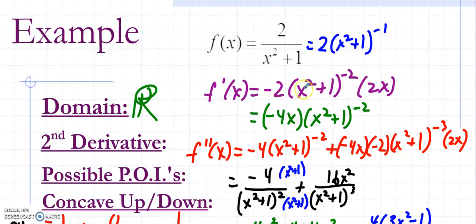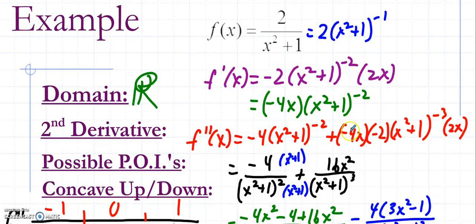So then I did my chain rule and found my first derivative, negative 4x times the quantity x squared plus 1 to the negative second. I simplified a little bit because now I need to do the second derivative, so here I had to do the product rule. The derivative of the first times the second plus the first times the derivative of the second, where I have to do the chain rule again.